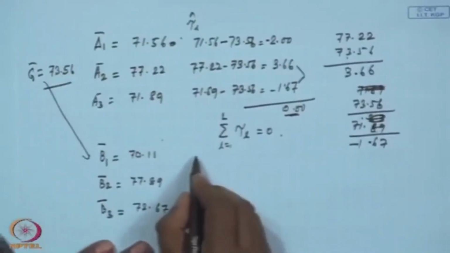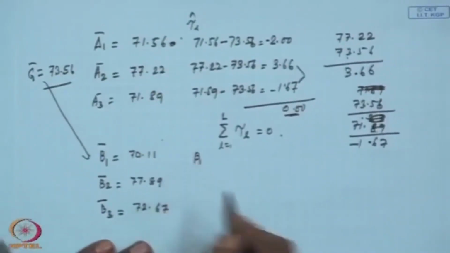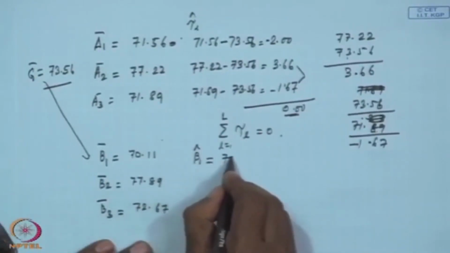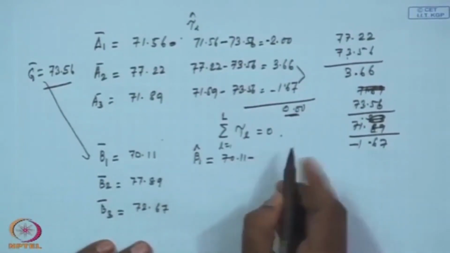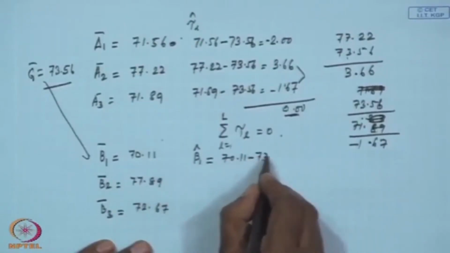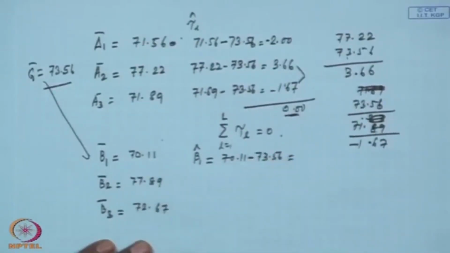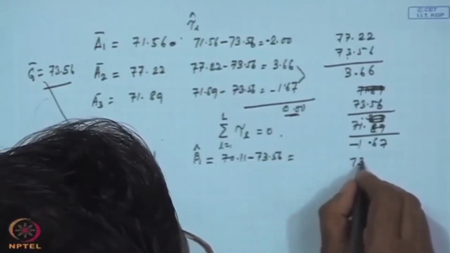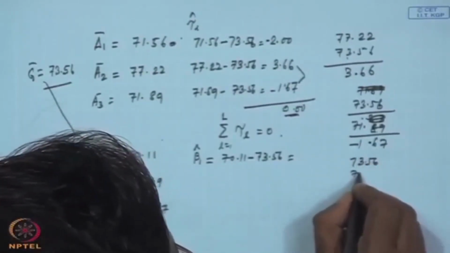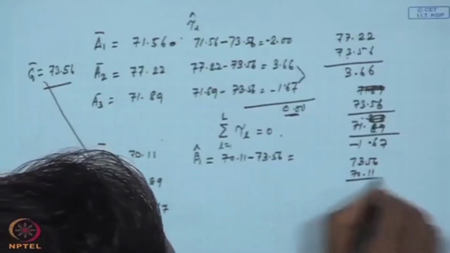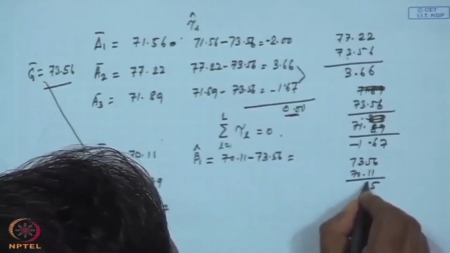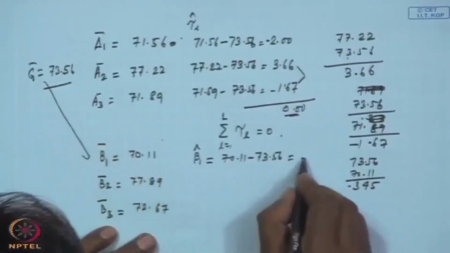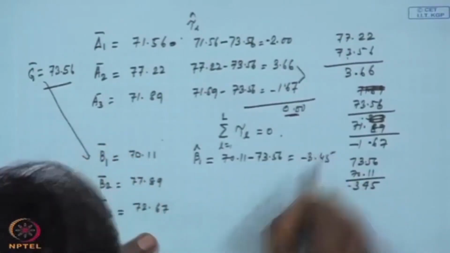So, then we want to find out beta 1, that is the first one. So, 70.11 minus G, that is 73.56. What will be the value here? 70.11 minus 73.56. So, it will be 5, then 4, then 3. I think this is minus 3.45.